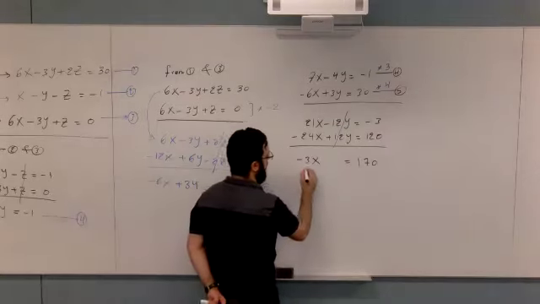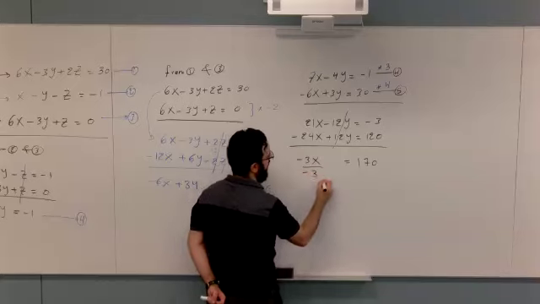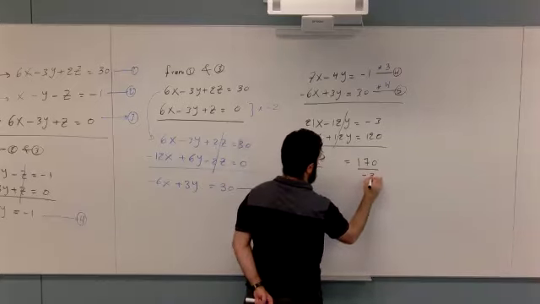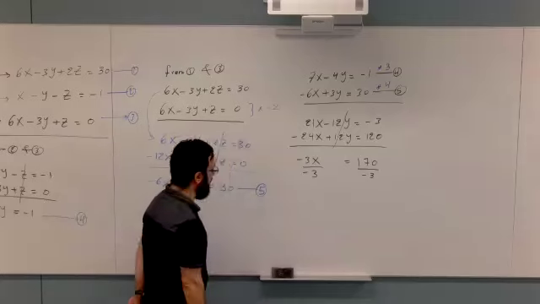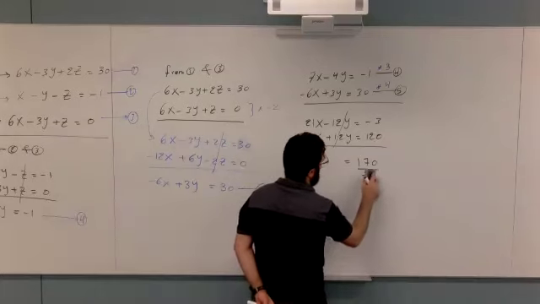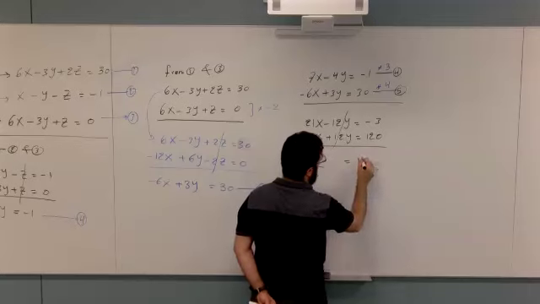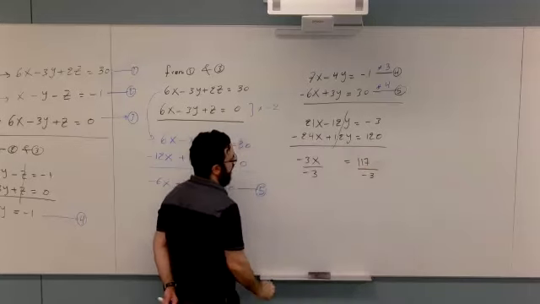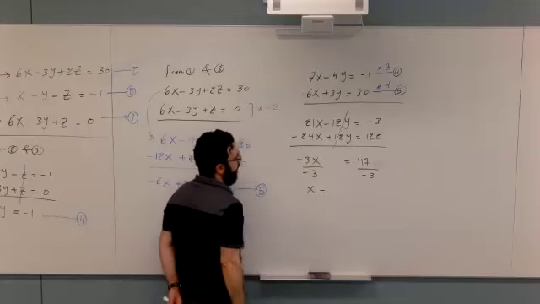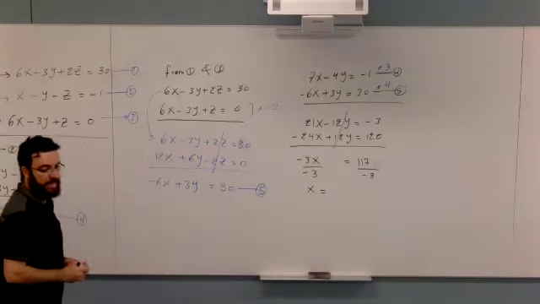Last step. Now 117. I put number 117. So x is going to be equal, you divide 117 by 3.